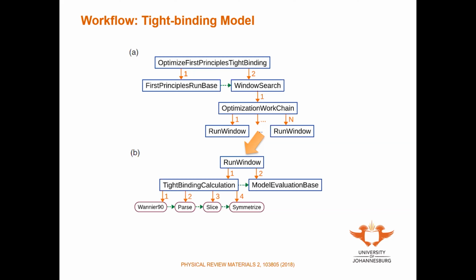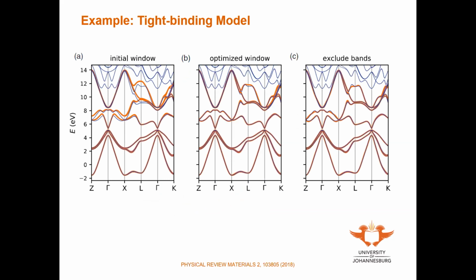After that, they could set up a tight binding model by running through a whole bunch of iterations, and then they could symmetrize it and evaluate the model. This model ended up fitting the DFT data extremely well and represented everything to the extent of a whole bunch of bands above and below the Fermi level, and the chemical bonding properties and all of these sorts of things.